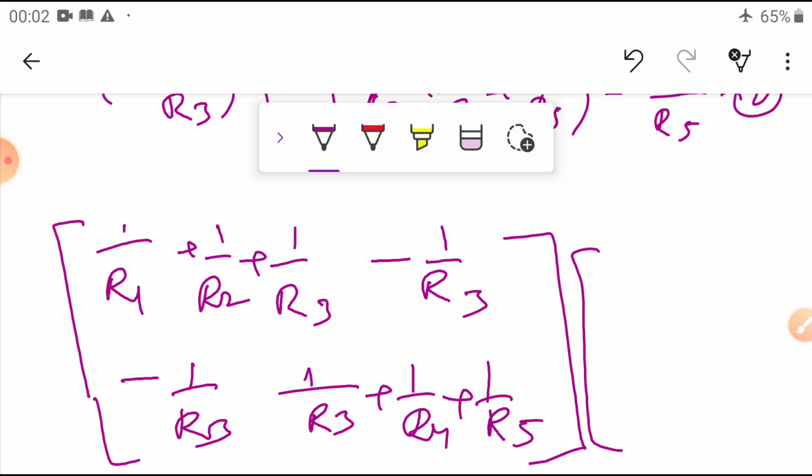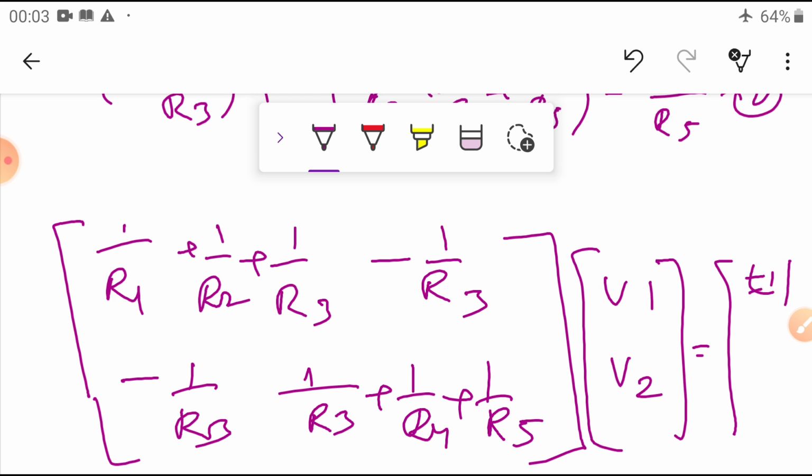Then V1, V2 is equal to I1, I2, which is E1/R1 and E2/R5. If you know the values of R1, R2, R3, simply substitute, and we get the V1 value, V2 value, the voltage across A and the voltage across B. If you know that, we can calculate whatever we require.